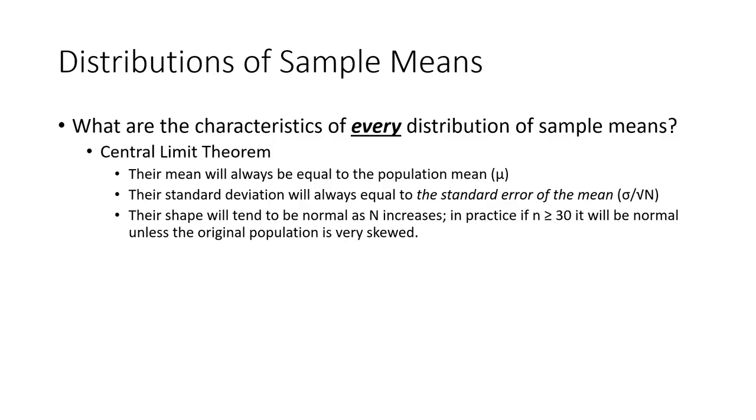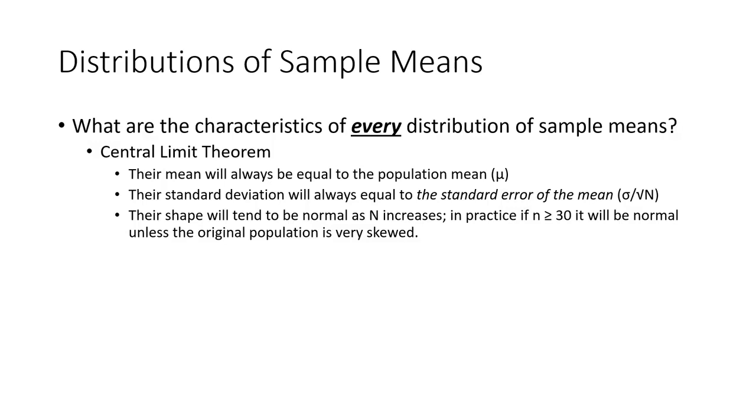And the shape of the distribution of sample means will have a normal shape if either of two characteristics takes place. First, if the original population had a normal shape, the distribution of sample means will always have a normal shape. Also, even if the original population had a very skewed shape, the distribution of sample means will have a normal shape if the sample size that you used to build that distribution is fairly large.